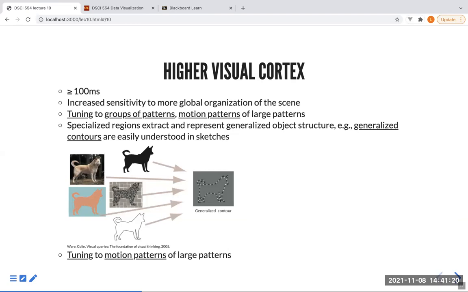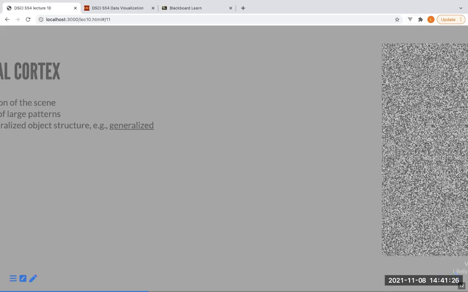The last one is the tuning to motion patterns of large patterns. I have a little example here that is going to show you that. This is just random noise, and I cut out the pattern upright, and I just move it, and you see as soon as it stops, you're unable to say where it is anymore.